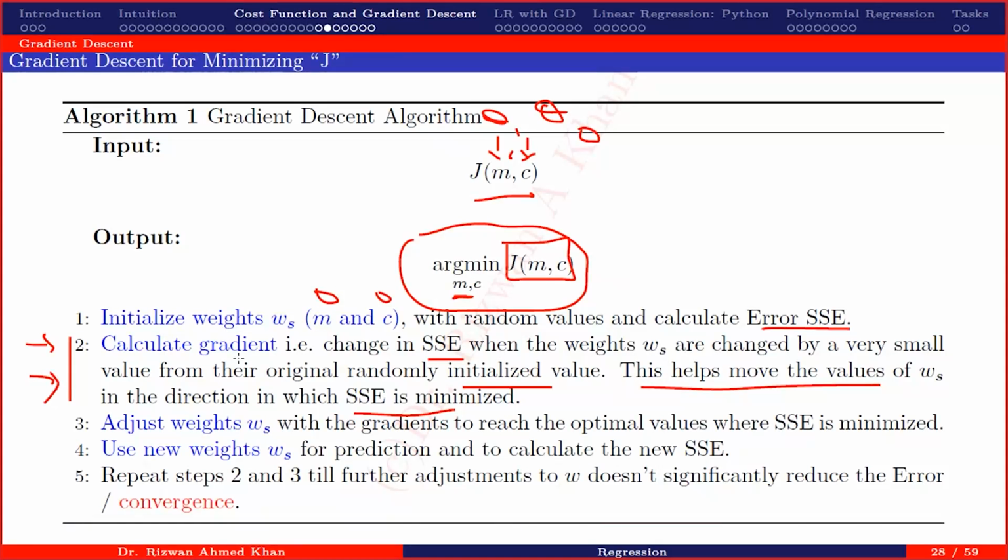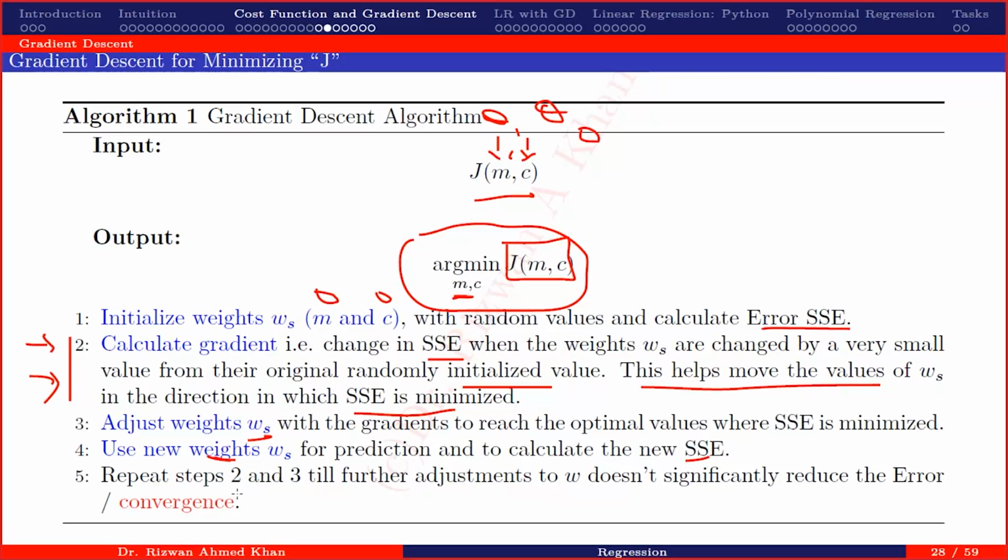So we'll initialize the weights, we'll find the gradient based on those initial weights. We'll adjust the weights based on the calculation of the gradient, update the new weights, and use those new weights in the next iteration to find the new SSE.